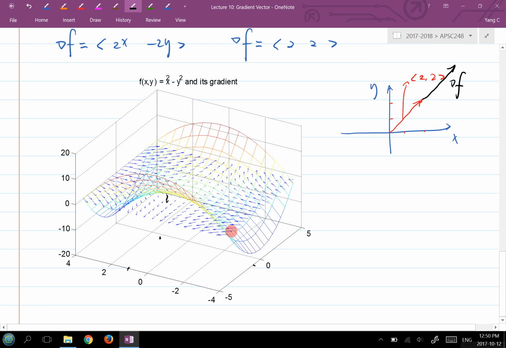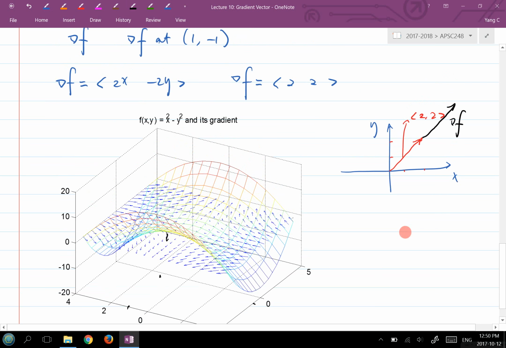But the point I want to make is, at this stage, if you're asked to draw the gradient vector, first you find the gradient vector at that location, draw the vector regularly, and then move the vector to the location where you did the calculation.